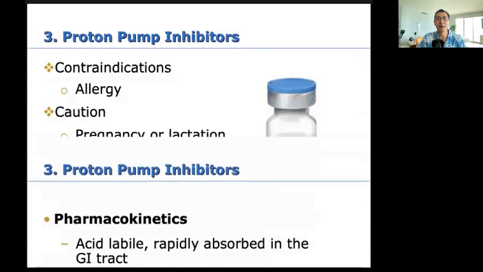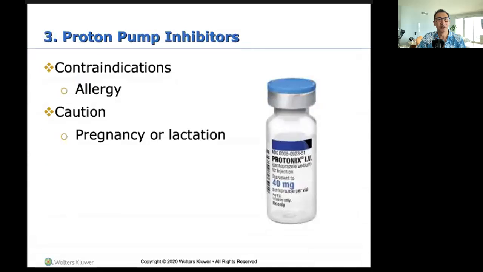There's not much in contraindications or cautions for this. Generic stuff: pregnancy, lactation, definitely allergies. If you haven't administered this in a hospital setting yet, you have to dilute it. It's going to come with a white powder in the bottom. Dilute and administer over 2 minutes, slow IV push.